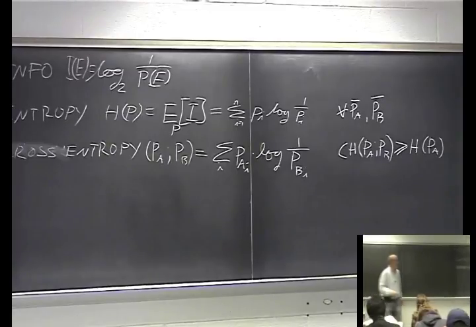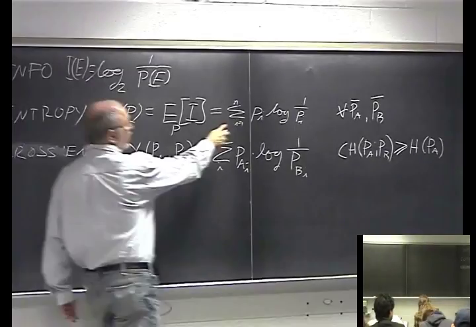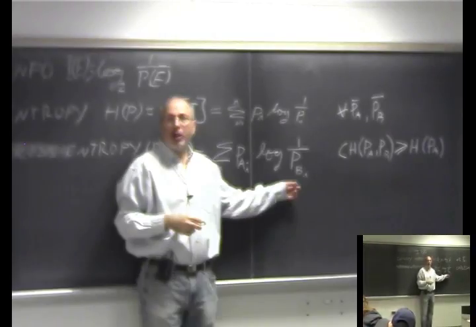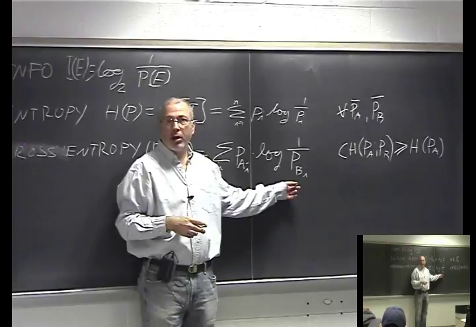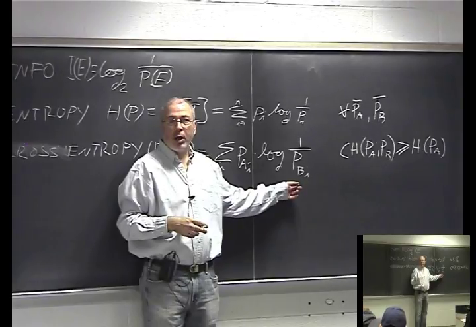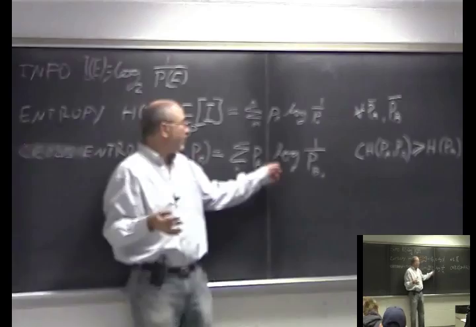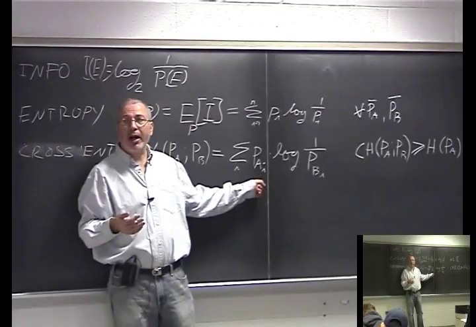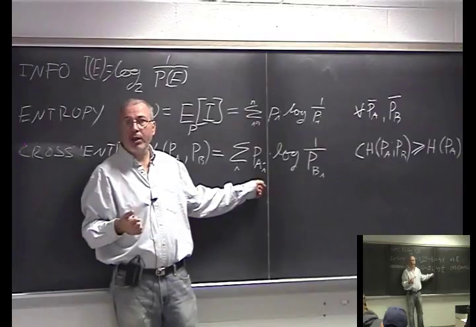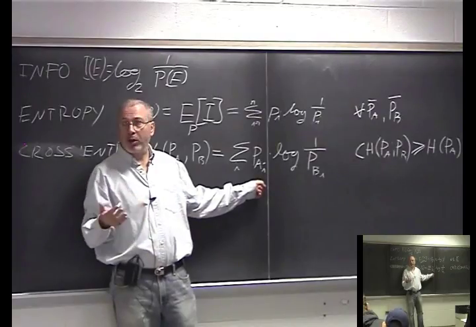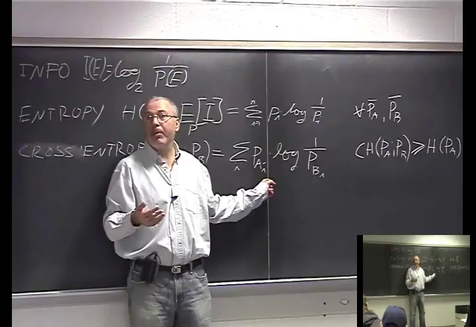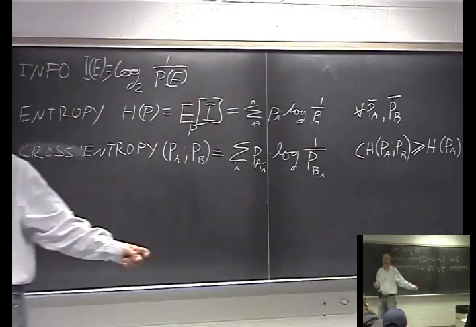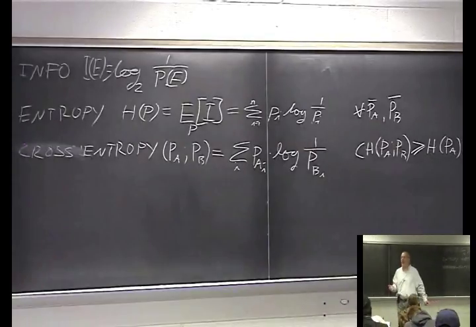And the way to interpret this is, if you're measuring your surprise over a long period of time, over events that come from this distribution, P sub A, then your average surprise will be lowest if your model of the world is indeed P sub A. And if your model of the world is something different, P sub B, then your average surprise will necessarily be higher.